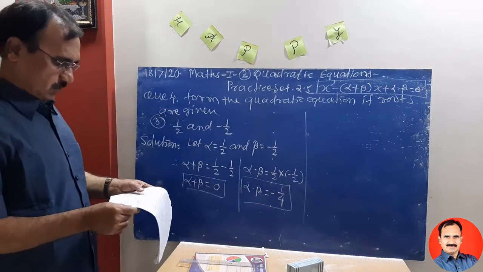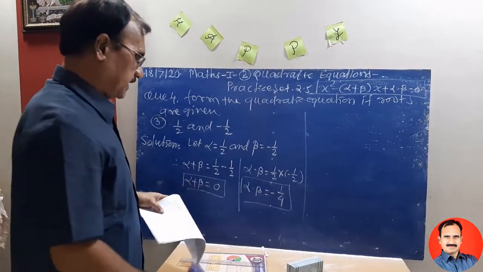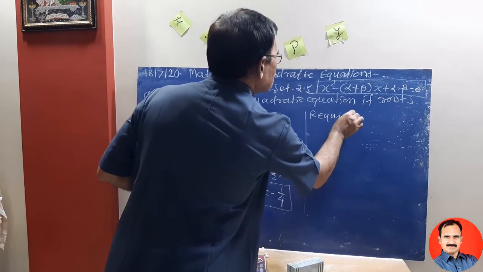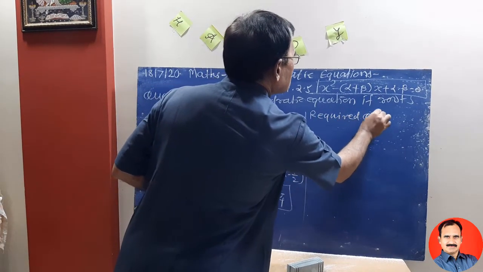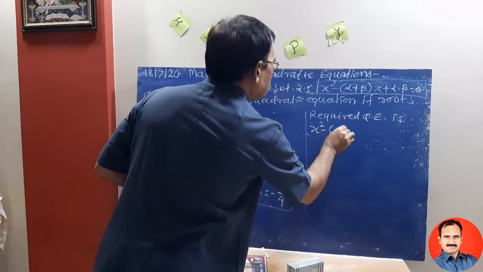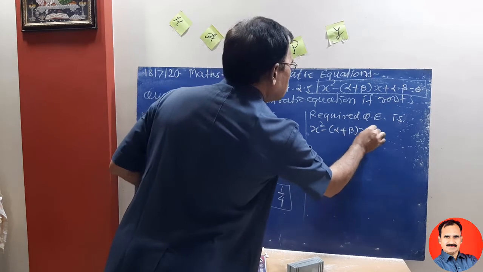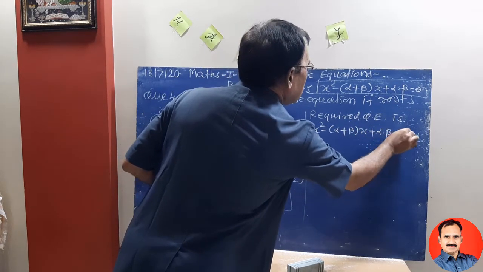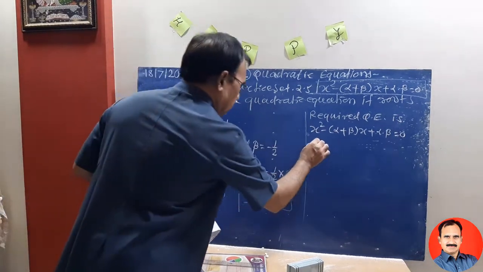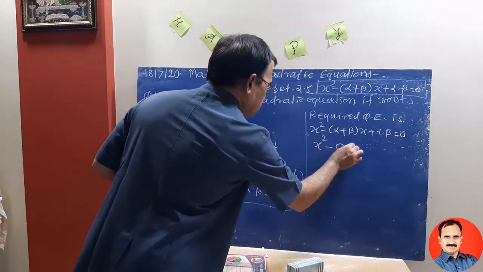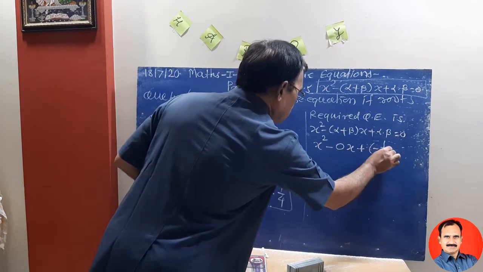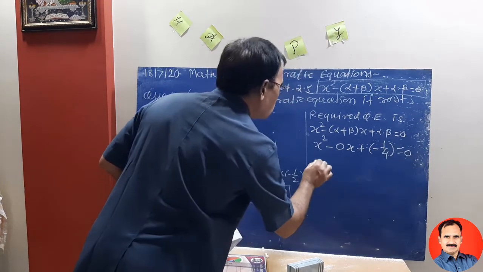Alpha plus beta is equal to 0 and alpha into beta is equal to minus 1 by 4. The required quadratic equation is x square minus alpha plus beta into x plus alpha into beta is equal to 0. Put this value there. X square minus 0x plus in bracket minus 1 by 4 is equal to 0.